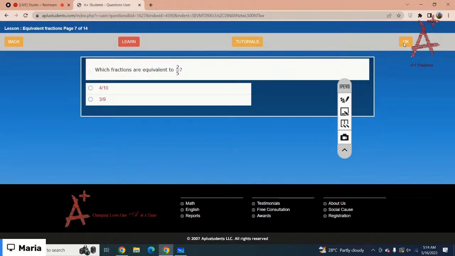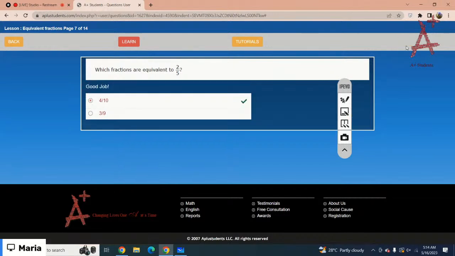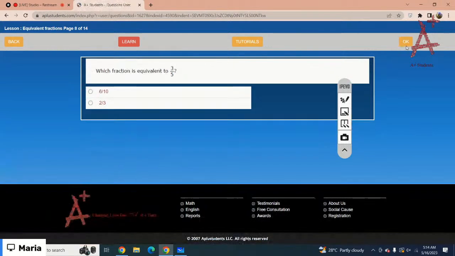Yes, it is 4 over 10. Okay, which fraction is equivalent to 3 by 5? Yes, it would be 6 over 10. Very good.